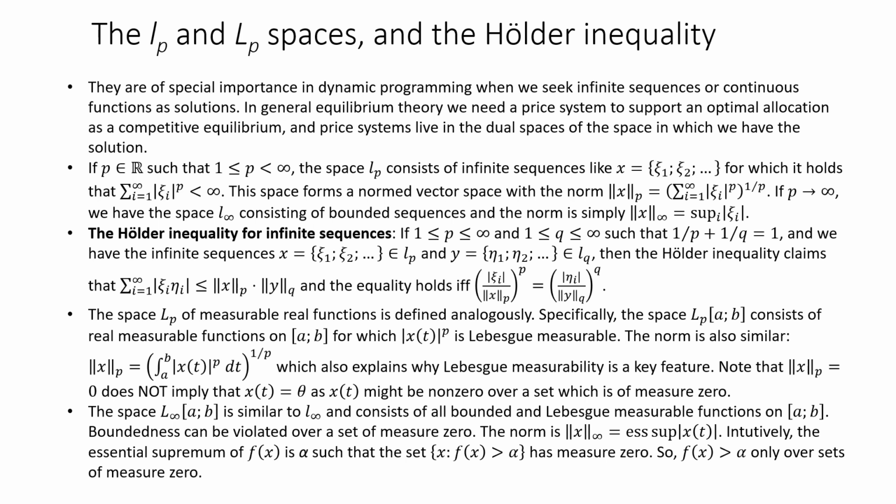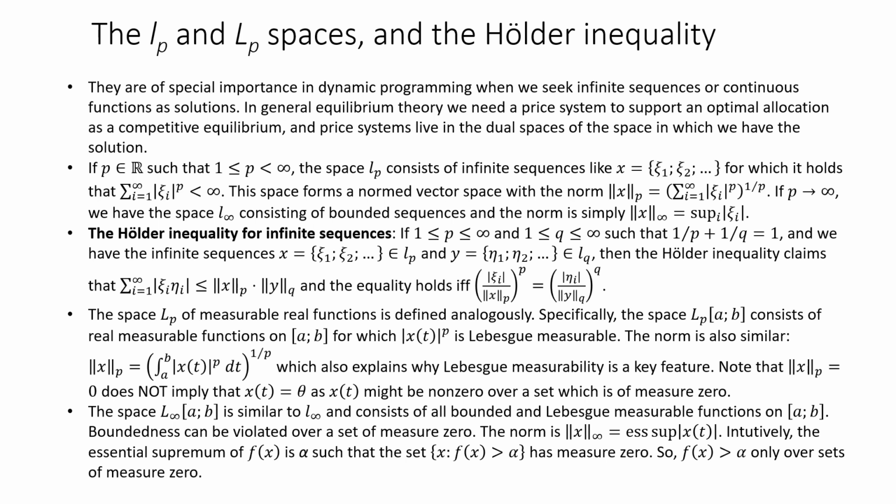These spaces consist of infinite sequences and continuous real functions, measurable functions, respectively. For instance, when in dynamic programming we are supposed to find an optimum capital path or investment plan for the firm, in the discrete time case of dynamic programming, we will have the solution as an infinite sequence.